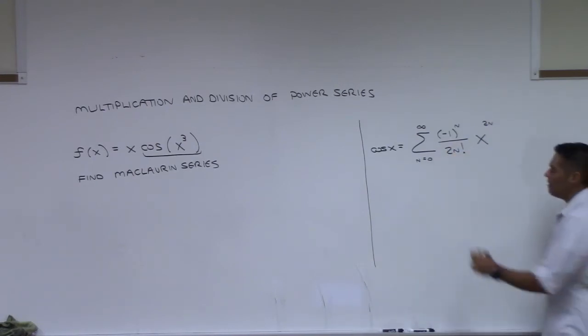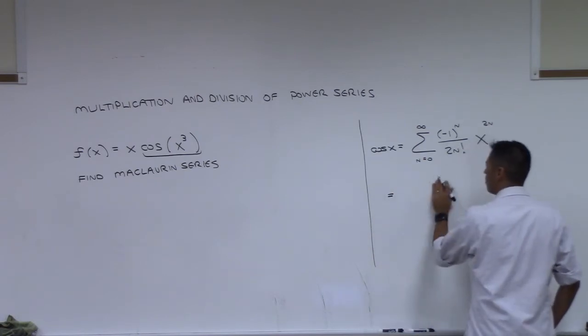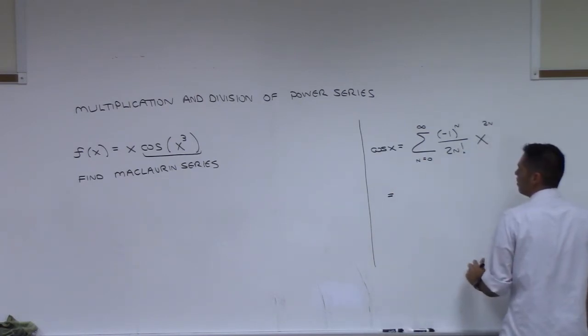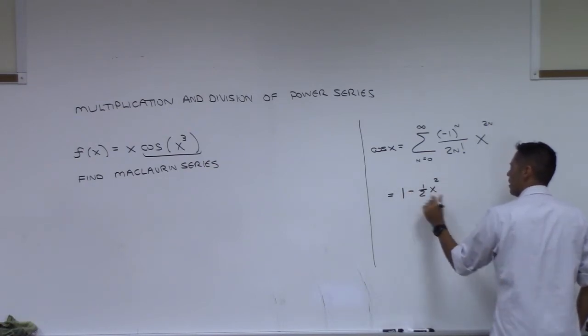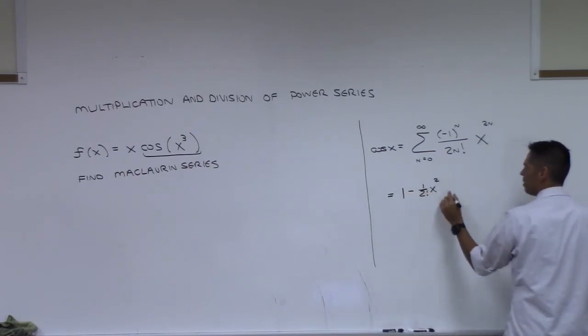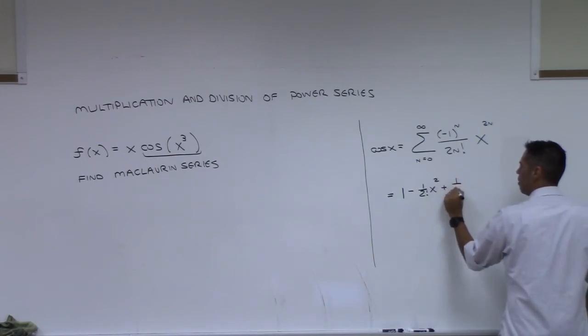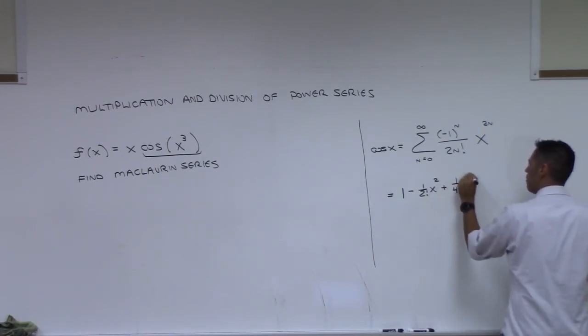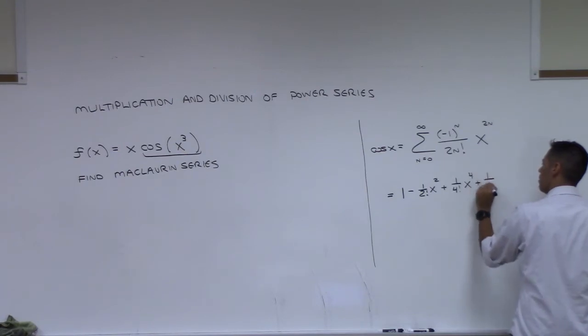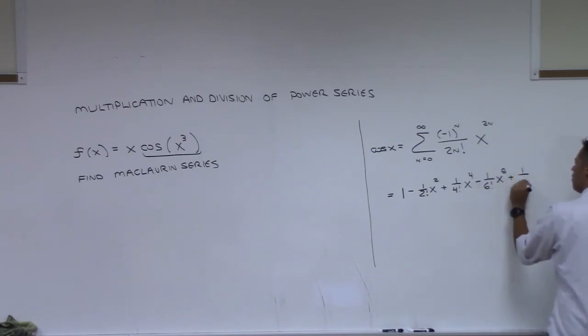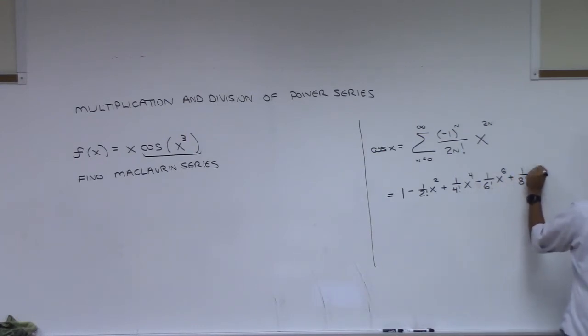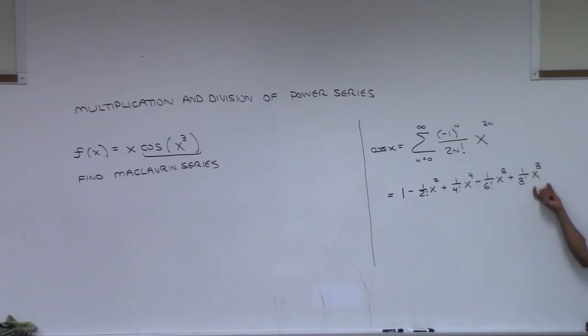And if we start writing out the first few of these, we should get 1 minus 1 over 2 factorial x squared, plus 1 over 4 factorial x to the 4th, minus 1 over 6 factorial x to the 6th. I'll do one more: plus 1 over 8 factorial x to the 8th. So that's the first few terms of our Maclaurin series for cosine.